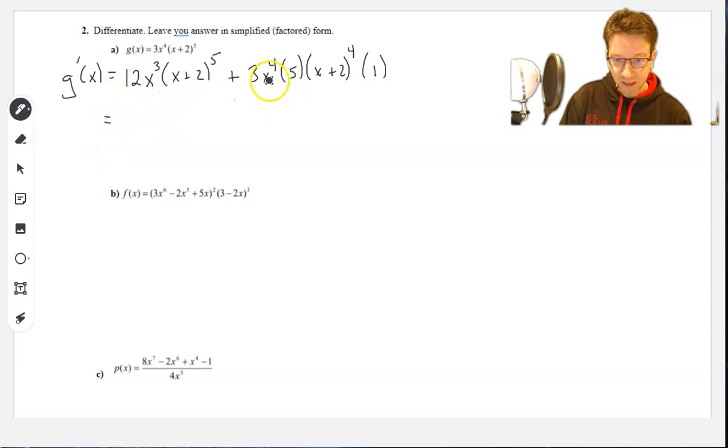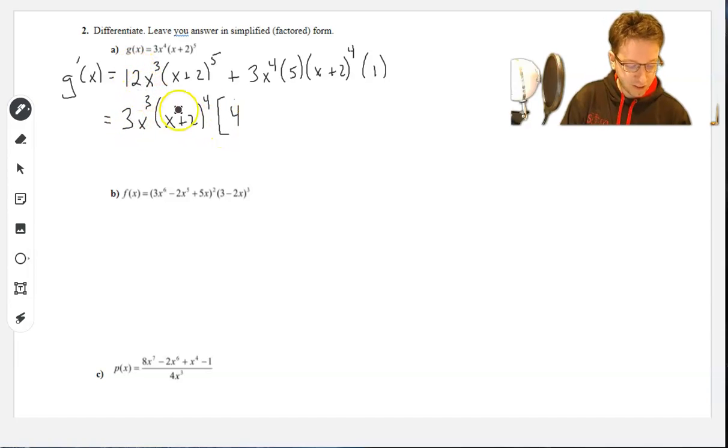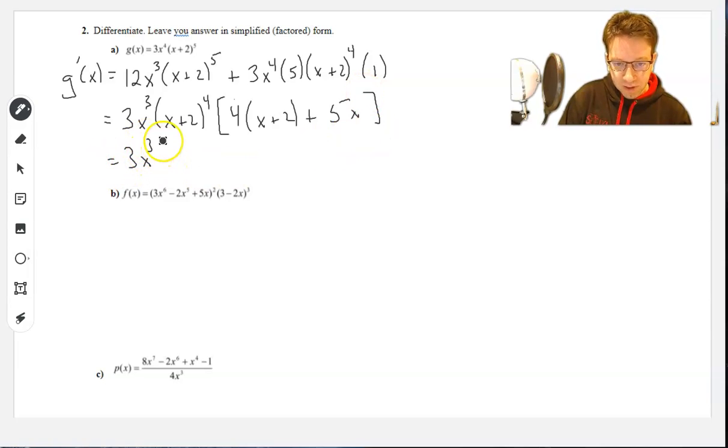So we can pull out a common factor of 3x cubed, multiply by that another common factor, x plus 2 to the power of 4, all times by 4, which 4 times 3 gives us 12, times by one of these brackets, so x plus 2 plus 5x, which just gives us 3x cubed times x plus 2 to the power of 4.